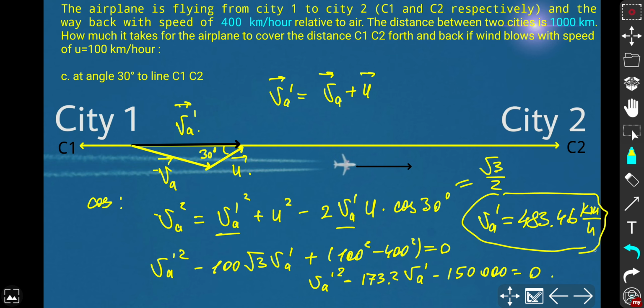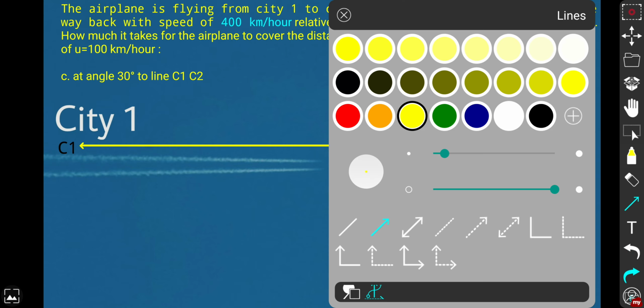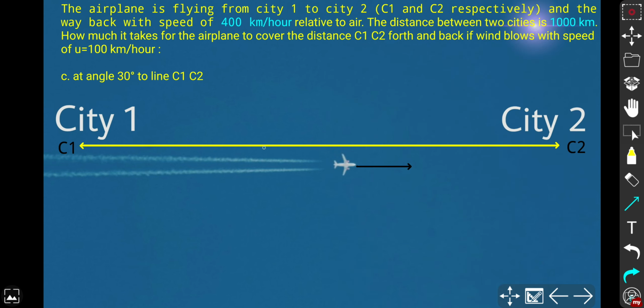So let's move to another case, when it travels from C2 to C1. That's the real direction. But the wind is still blowing at an angle of 30 degrees, so we put this vector U at an angle of still 30 degrees.